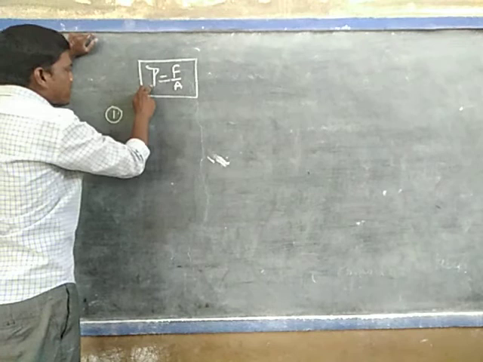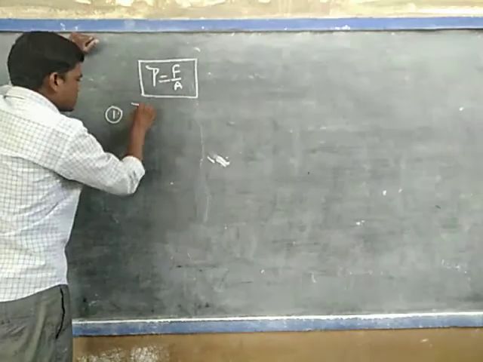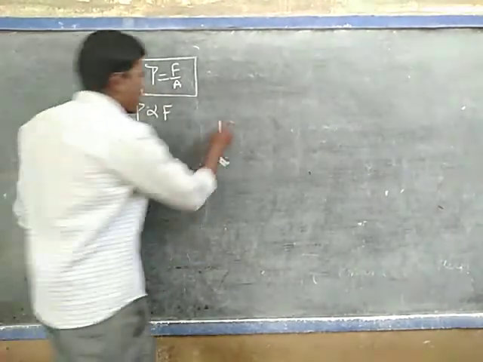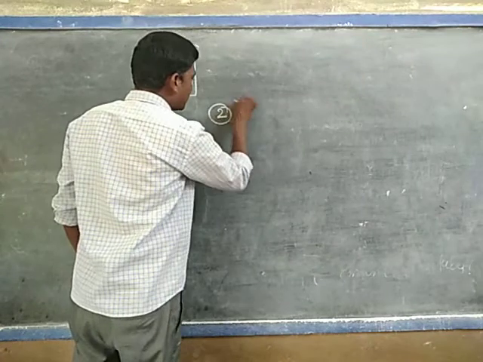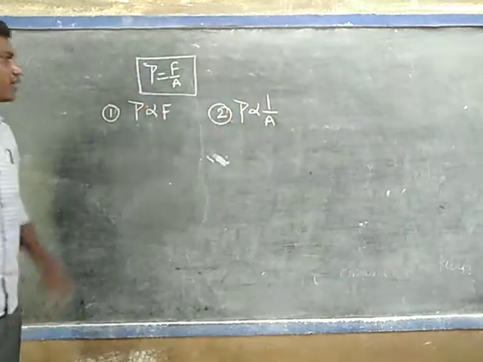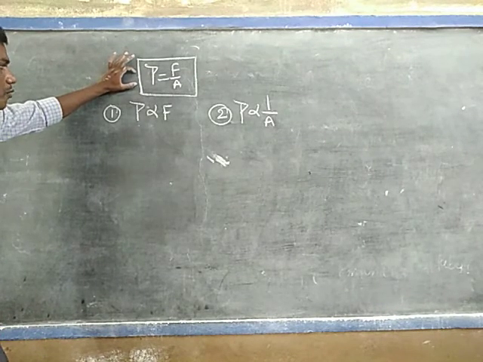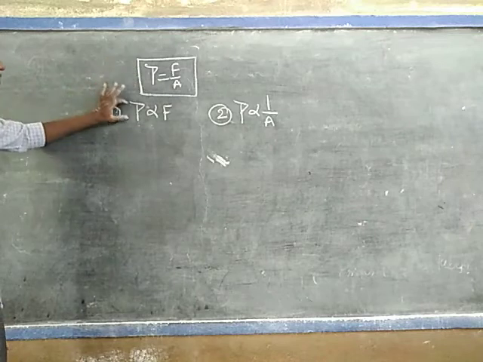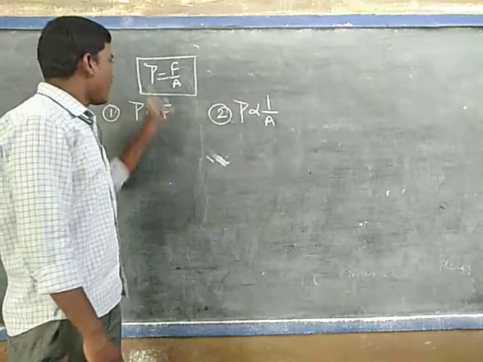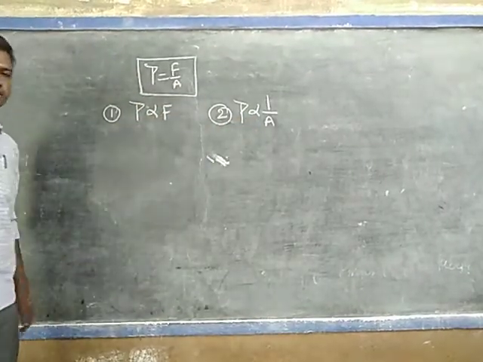First, pressure is directly proportional to F, means P is directly proportional to the applied force, and the second is P is inversely proportional to the area. So pressure is directly proportional to the applied force on the body, and inversely proportional to the area of the cross section.